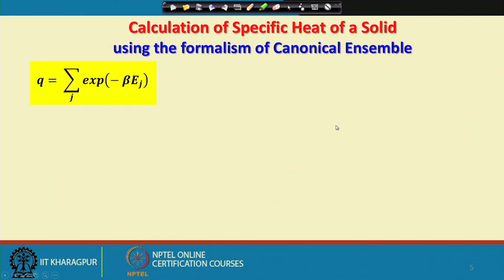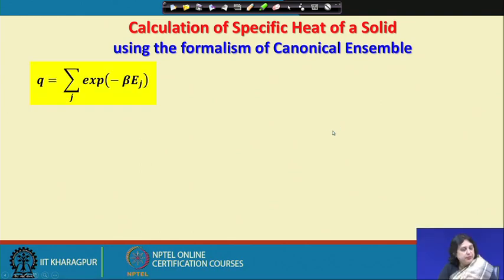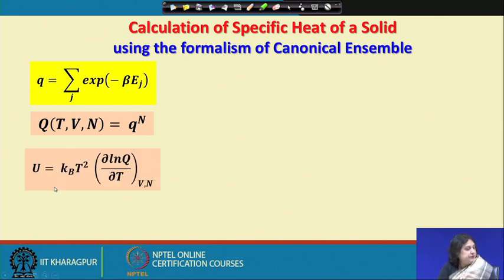So, the prescription by now must be very clear to you. You first find out the single particle partition function for the given system, then you calculate the canonical partition function for the entire system, provided you can represent the constituent particles of the system as capital N independent non-interacting single particles.